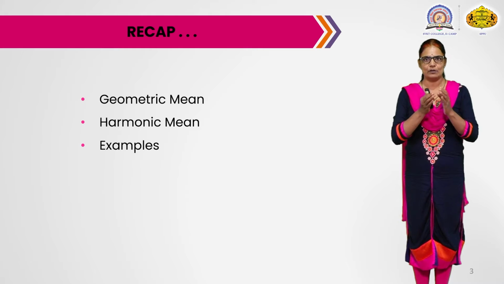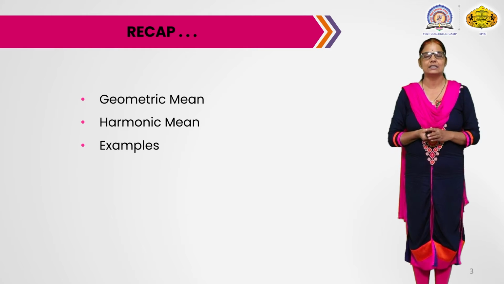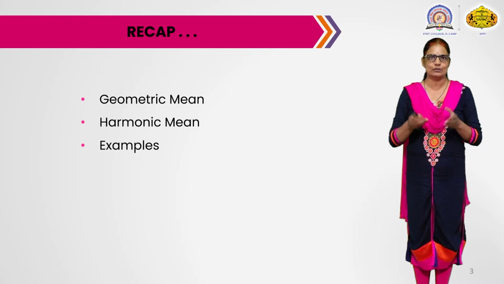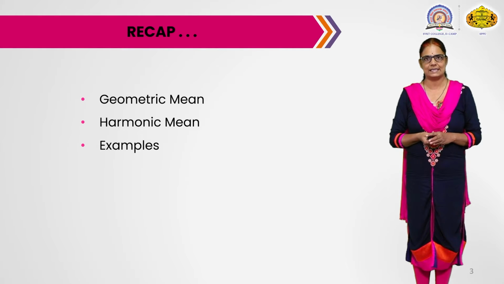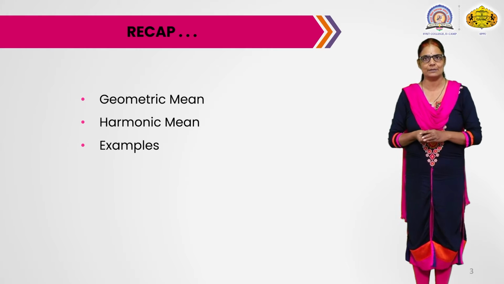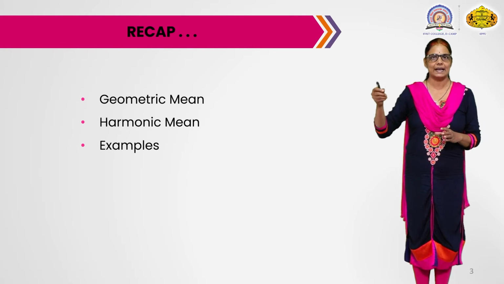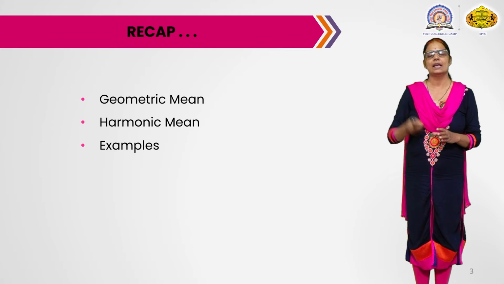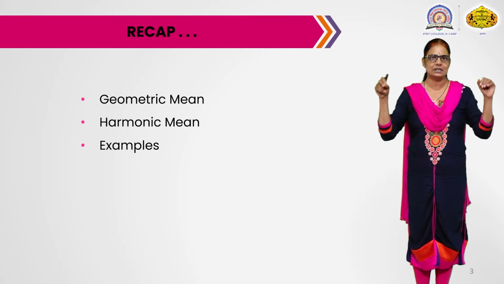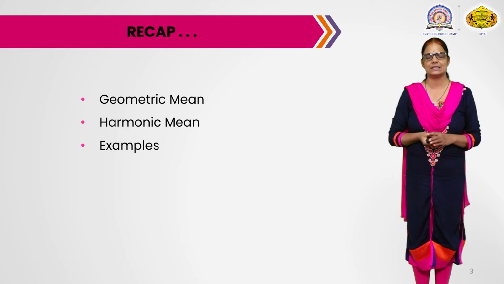Then the geometric mean of this series is the nth root of the product x1 to xn, that is, (x1 into x2 into x3 up to xn) raised to 1 by n. This is the definition for the simple series.